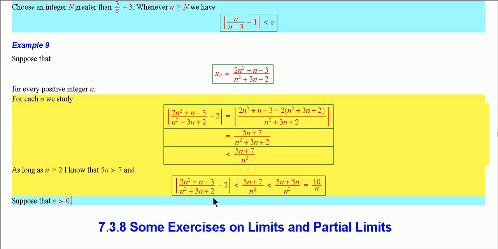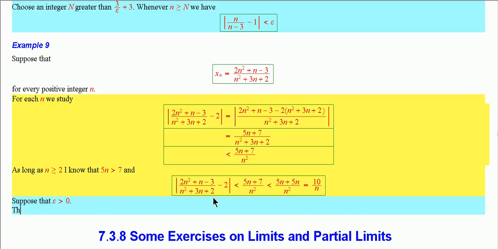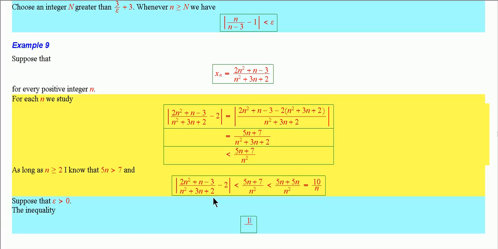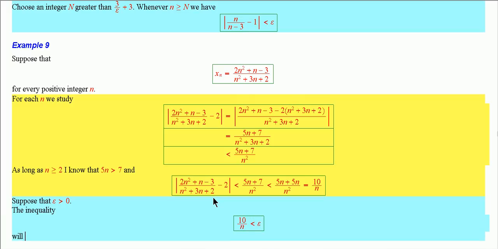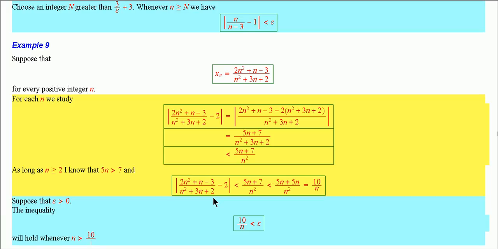So I want to tell you that the inequality 10 over n less than epsilon will hold whenever n is greater than what? 10 over epsilon. It's just a matter of a bit of inequality, right?